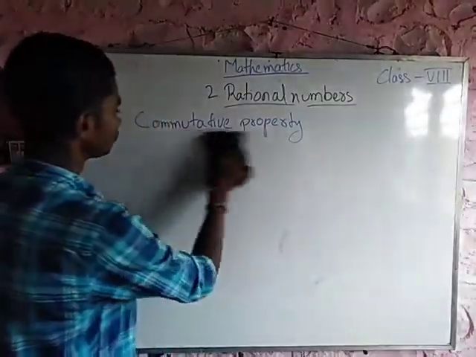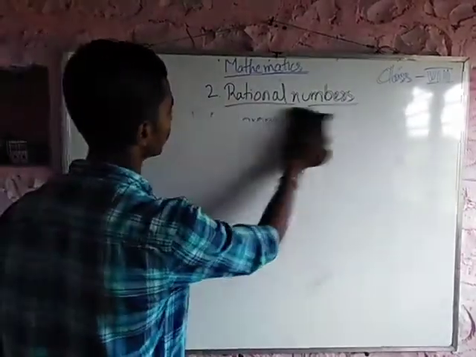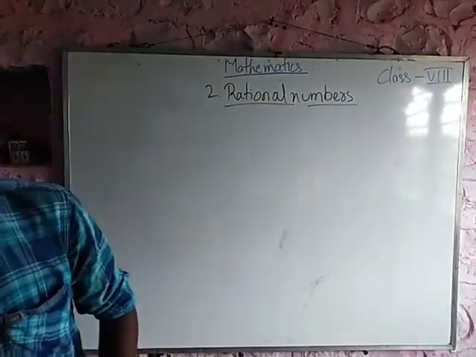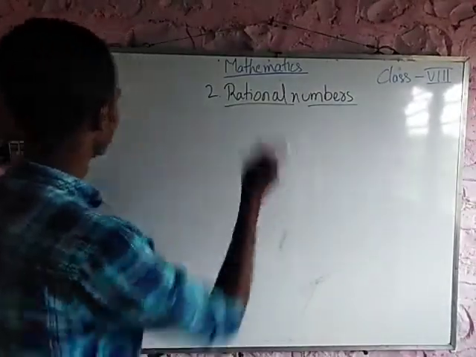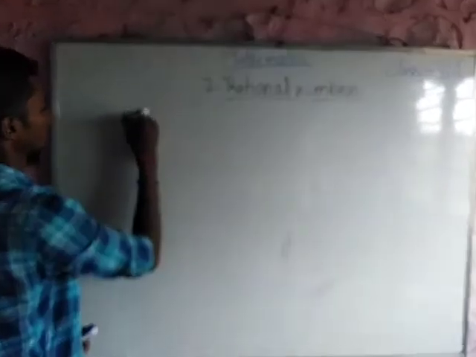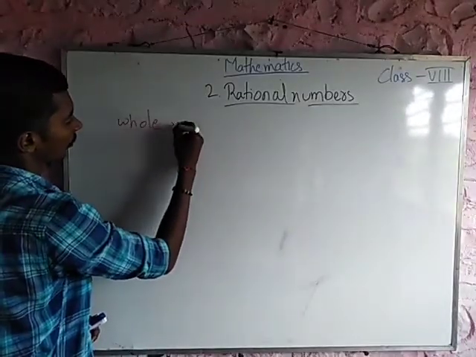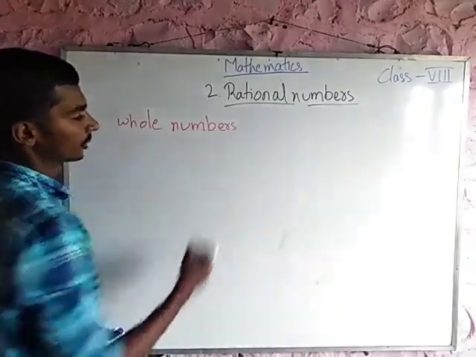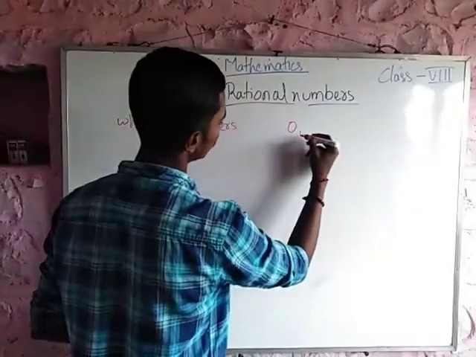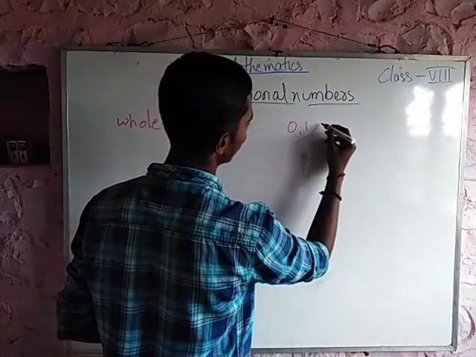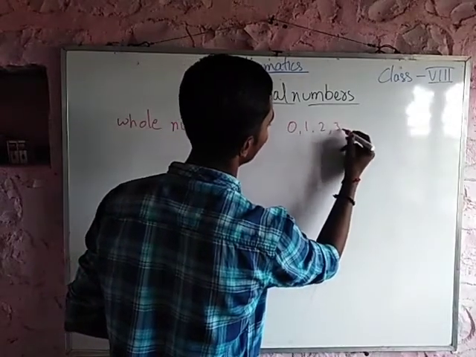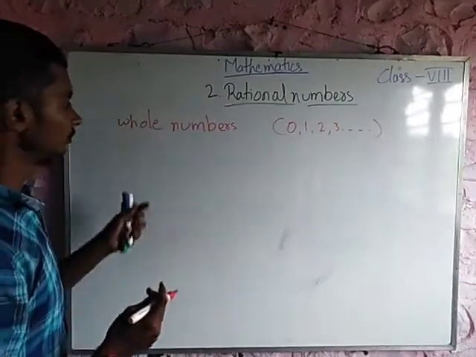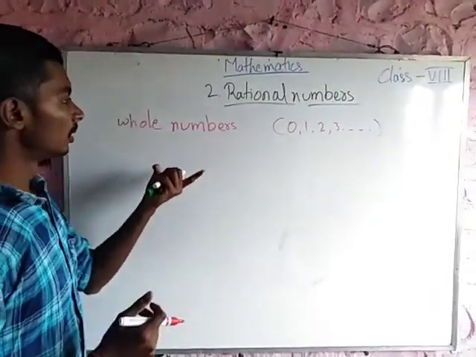Now let us take whole numbers. What are whole numbers? 0 and positive numbers, that is 0 and natural numbers. Now what will we check?